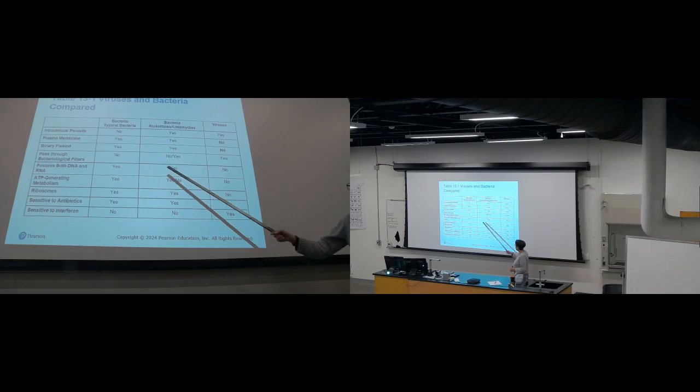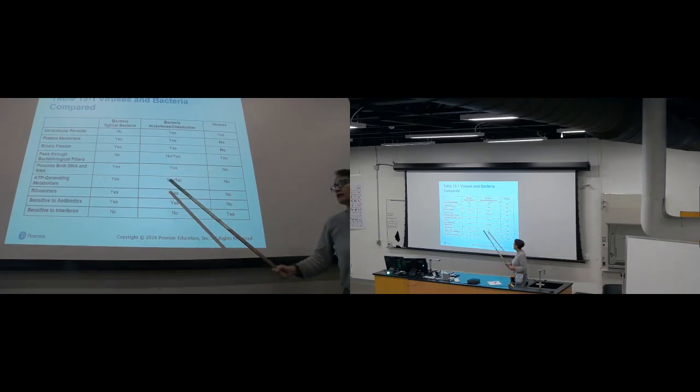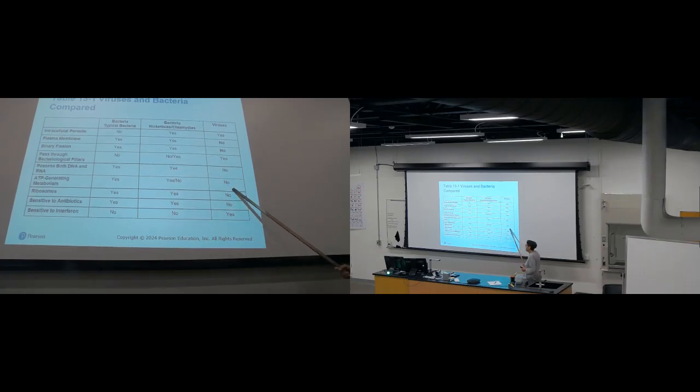Only bacteria have both DNA and RNA, while viruses don't. Some bacteria don't have the mechanism to produce ATP, in the class of chlamydia and rickettsia, while the rest do. Again, viruses don't have the ability to produce ATP.